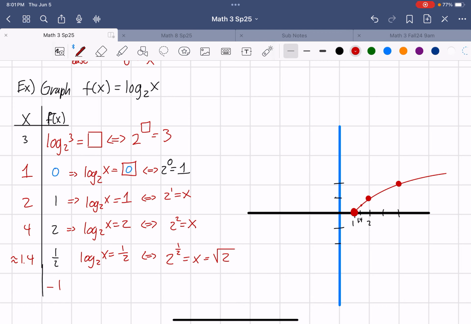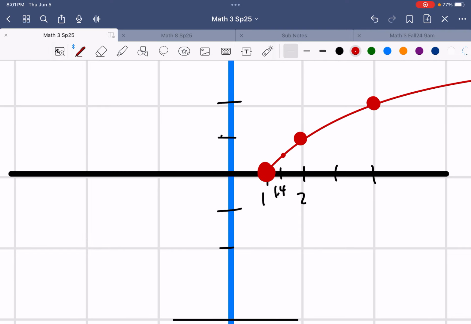That's going to look like log base 2 of x equals -1. And we can rewrite it as 2 to the -1 power, which is going to be 1/2. So my x is 1/2, but my y is -1. So here's 1, 1/2 would be here, and this is -1.